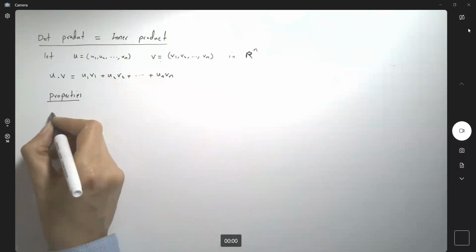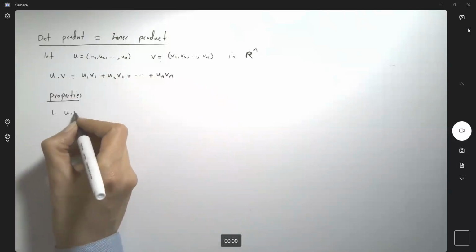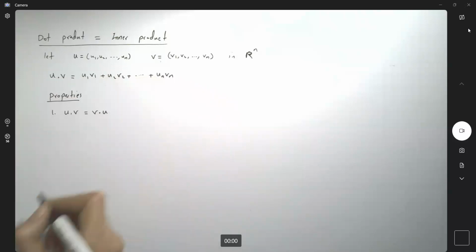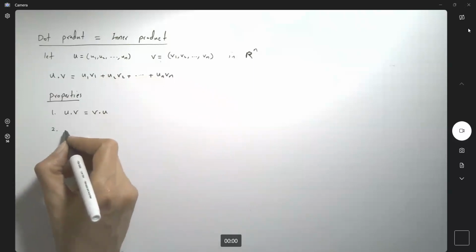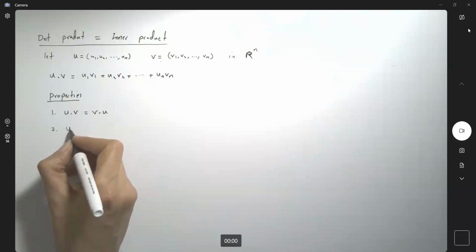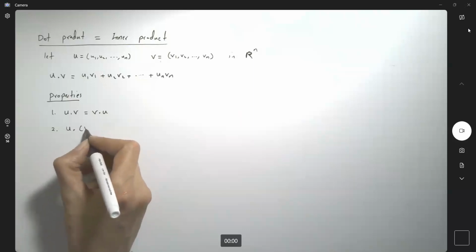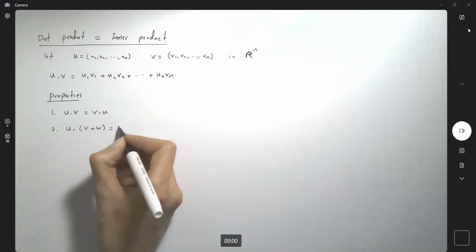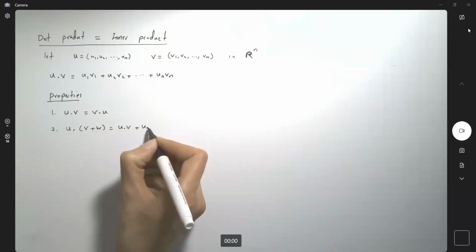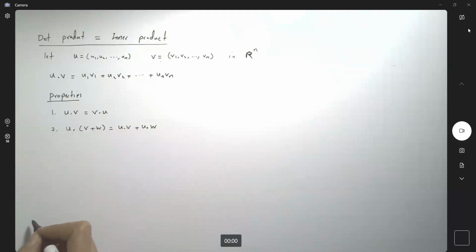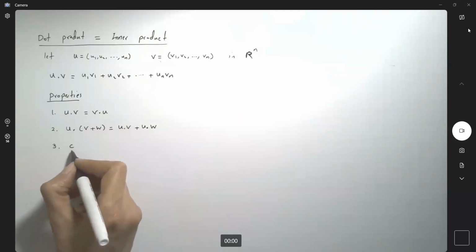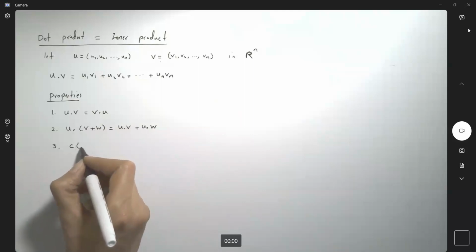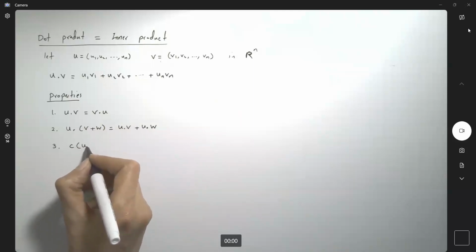It's commutative. So U dot V is the same as V dot U. You can also distribute the dot product over the sum of two vectors: U dot V plus U dot W. If you have a dot product between two vectors, you have a scalar multiplication, which can be written as follows.